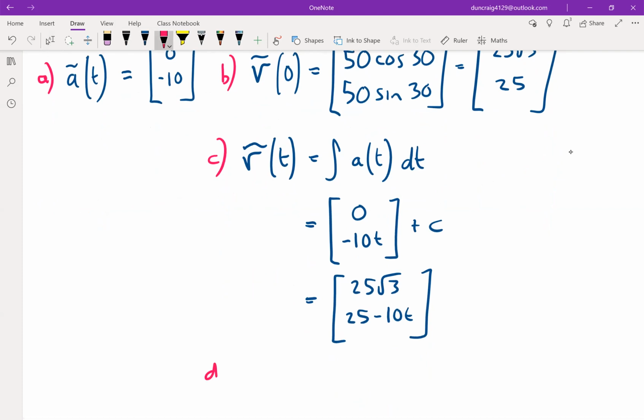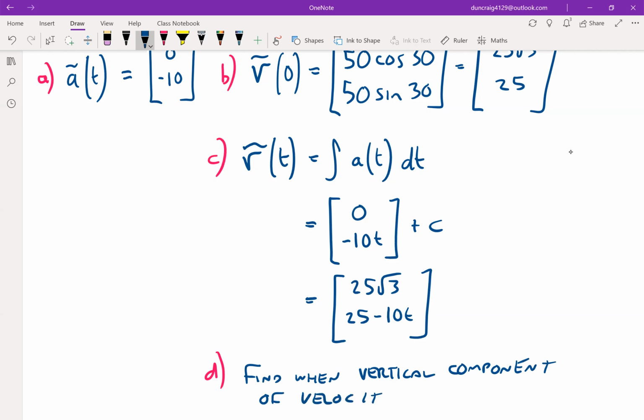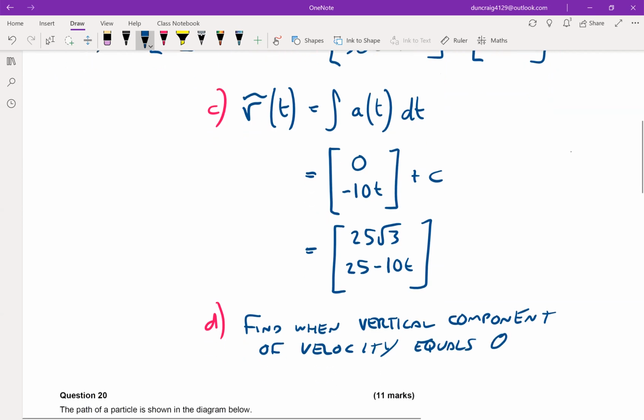So for part D, I want to find when the vertical component of velocity equals 0.